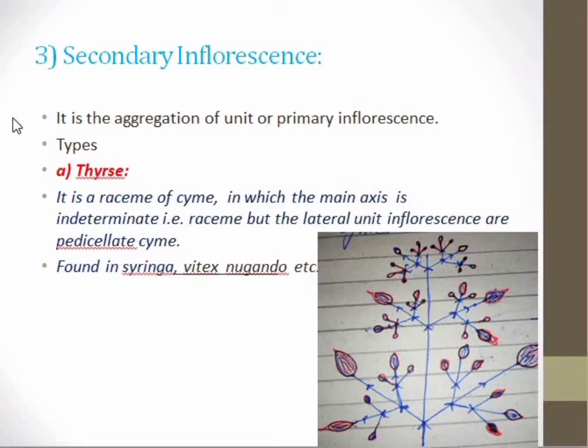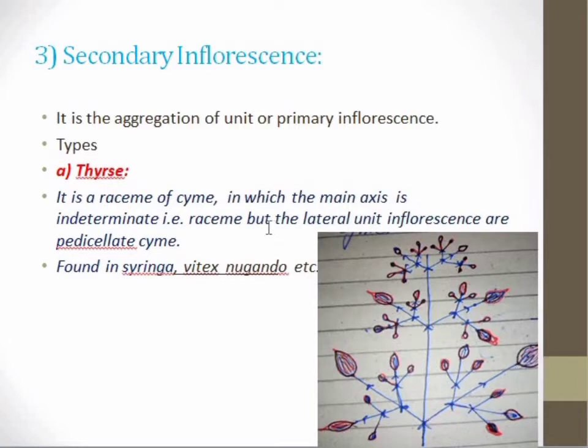Now its types. The very first one is the thyrsus. It is a raceme of cymes. It means the main axis is like a raceme, showing indeterminate growth. Look at the structure. The growth continues, but the lateral branches are cymes. All old flowers are at the top, showing determinate growth.